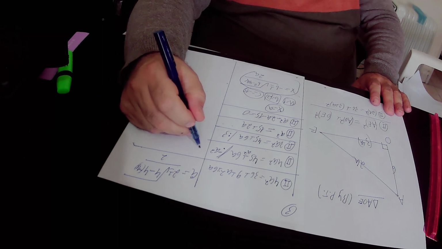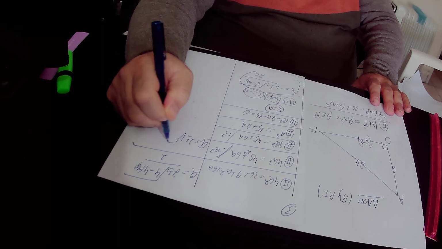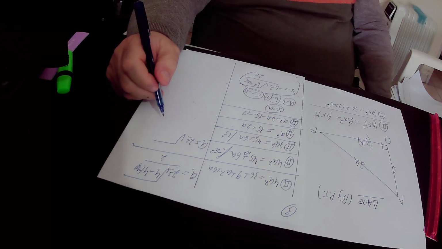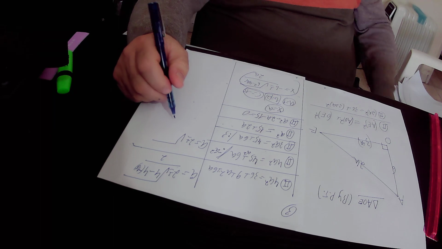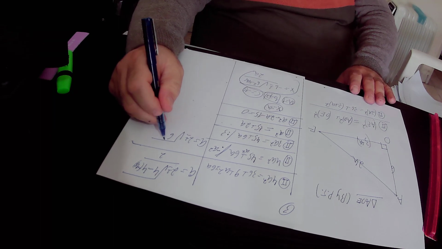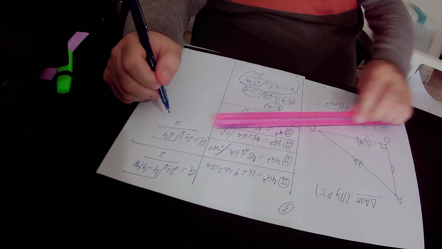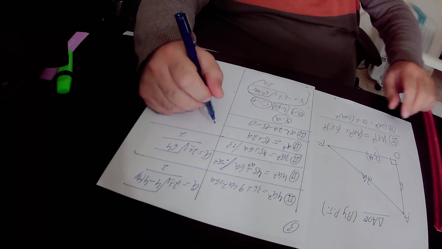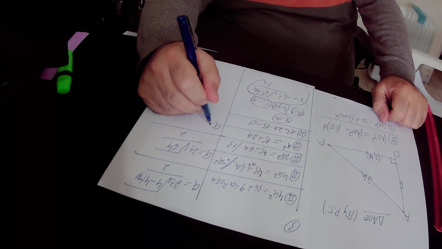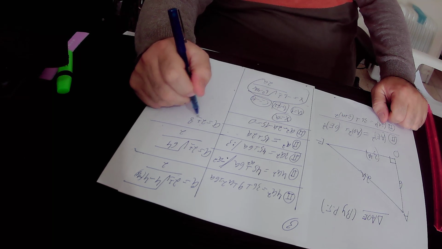So here we found out that a equals 2 plus minus. Inside the root we have minus 4 times minus 15 is plus 60, and 60 plus 4 is 64. So inside the root what is left is 64, over 2. So here a equals 2 plus minus the square root of 64, which is 8, over 2.